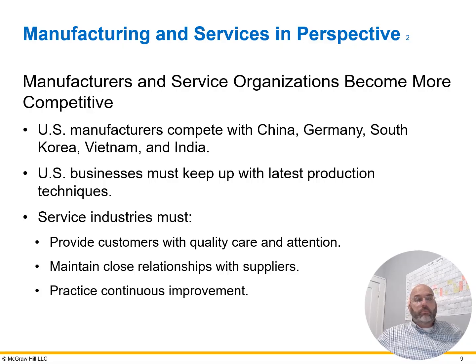So there was an economist, Joseph Schumpeter, and he believed that continuous improvement was a force for creative destruction. What that means is that as you innovate, things that you used to use no longer become efficient.